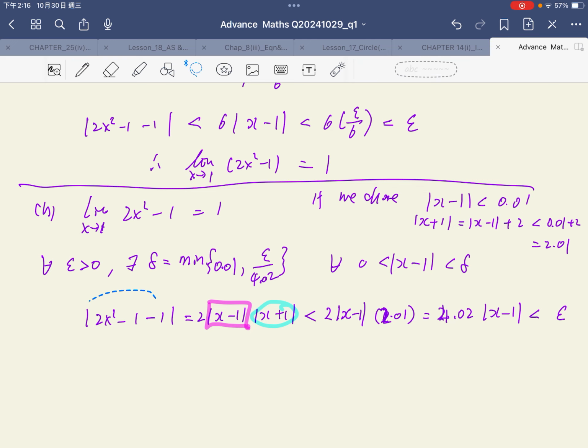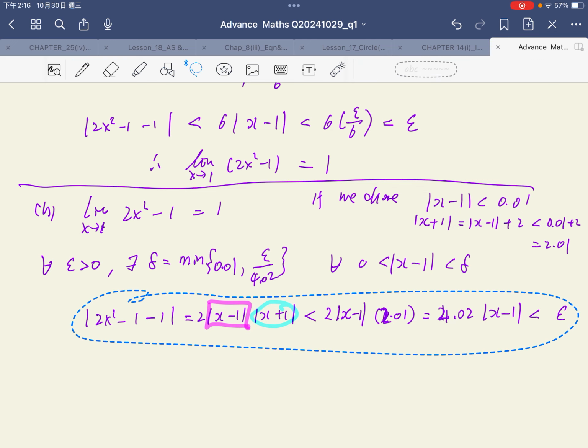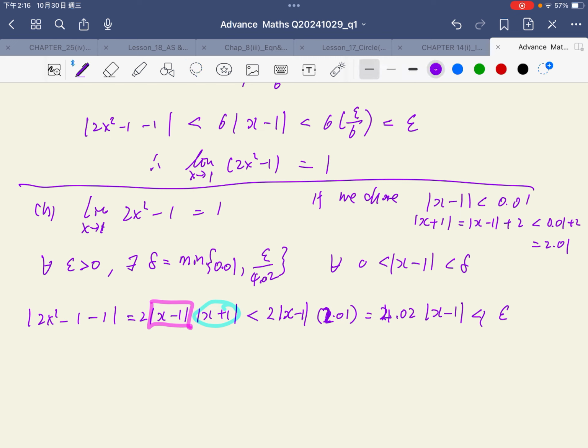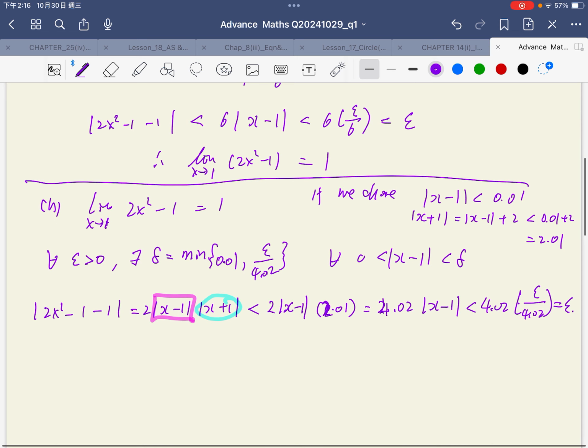Then fill this gap. So that we can prove the limit as x tends to 1 of 2x squared minus 1 equals 1.